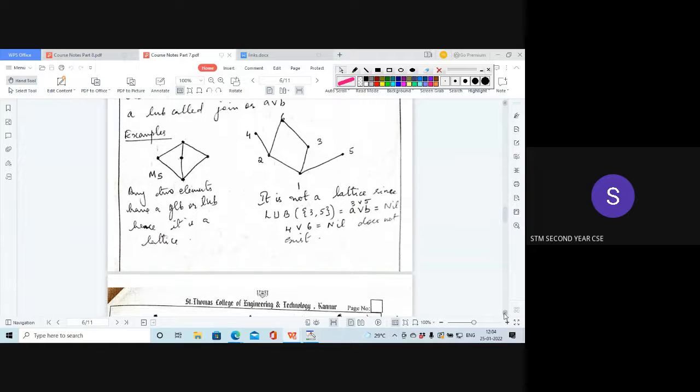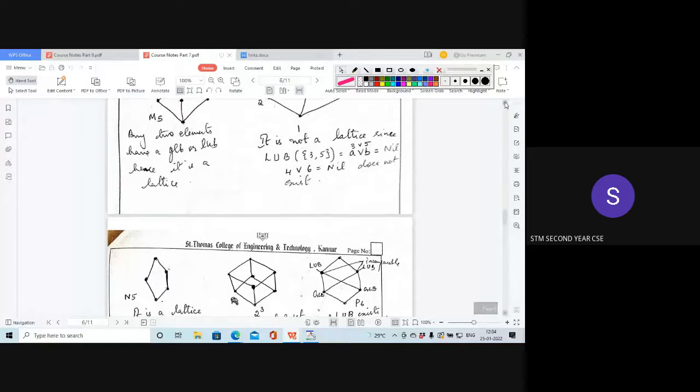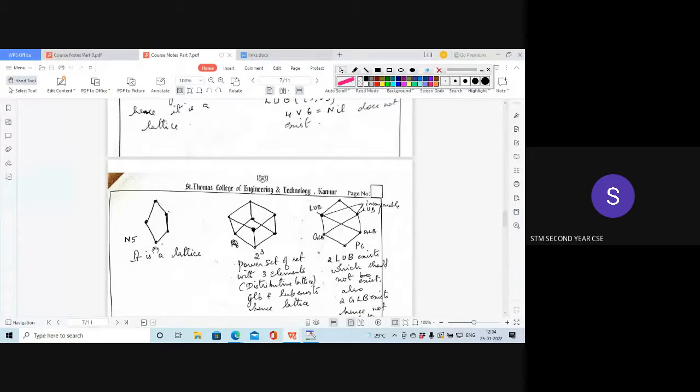Now let us look at some more examples. Can you just check if they are lattices? So I've written it there so you can see it. Okay. See, look at this. It is a lattice. Why? Because if we take any pair, you have a greatest lower bound and a least upper bound.